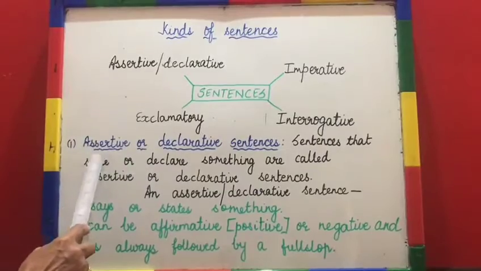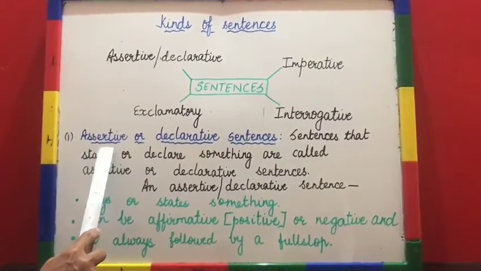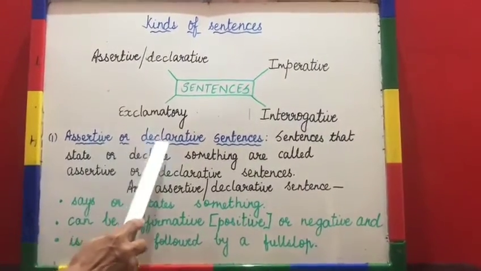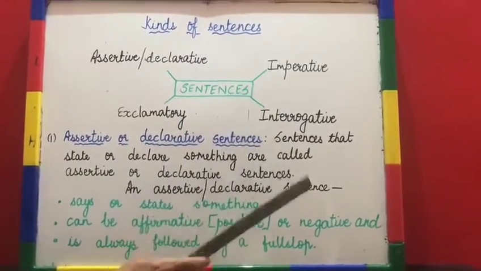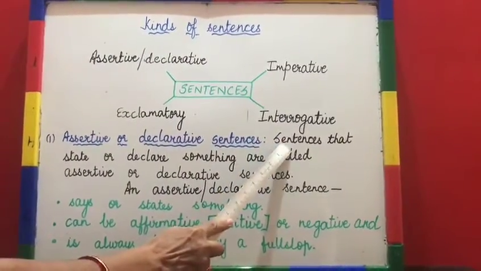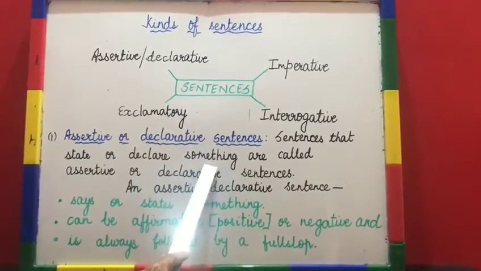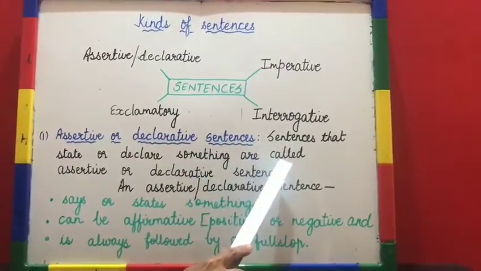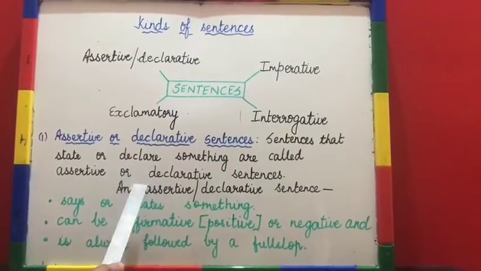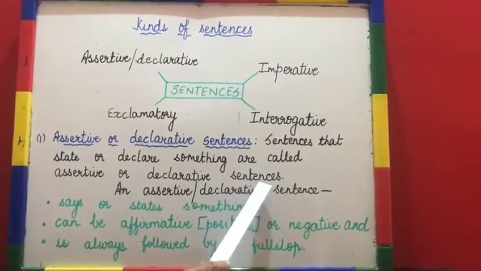Now let us see the first kind of sentence, that is assertive or declarative sentences. Sentences that state or declare something are called assertive or declarative sentences.